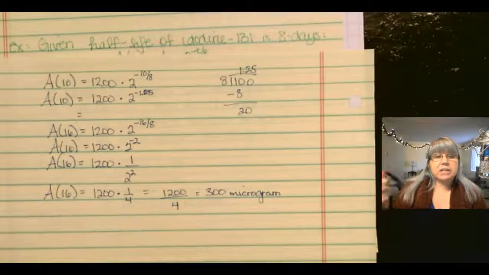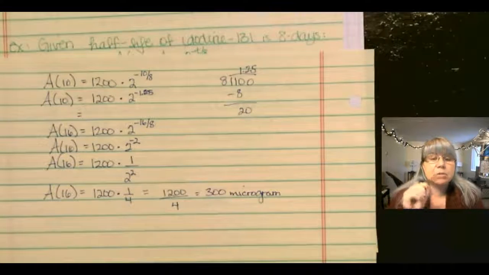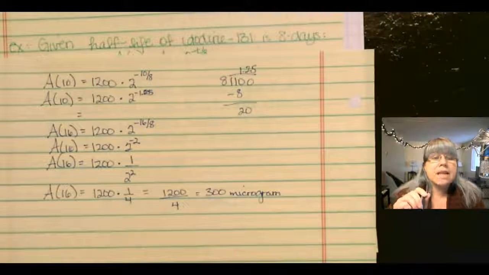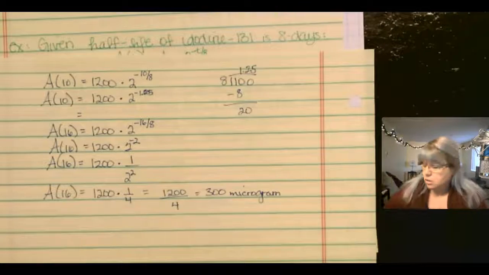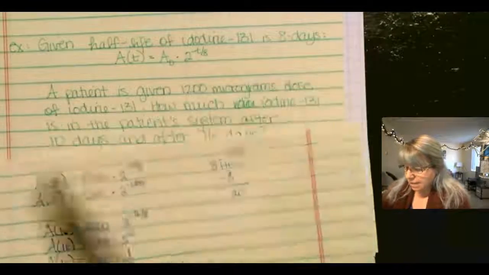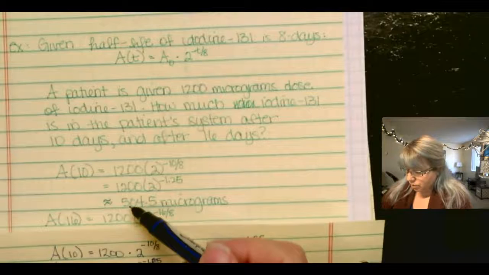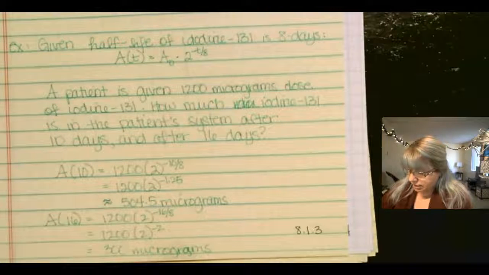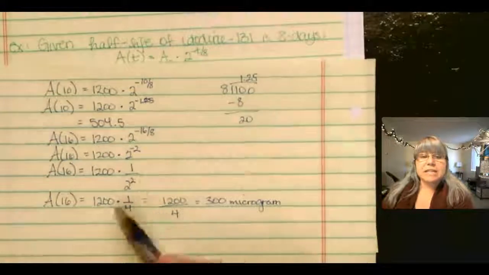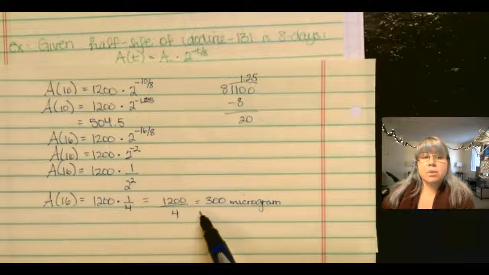And we can continue and continue until we get down to 0 micrograms, and then the chemical is completely gone from a person's body. So at 10 days they had 504.5 micrograms, and after 16 it went down by about 200.